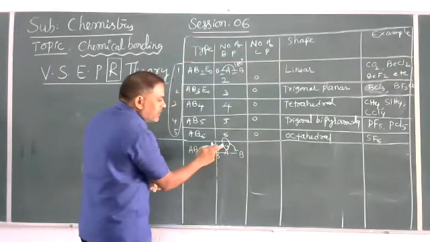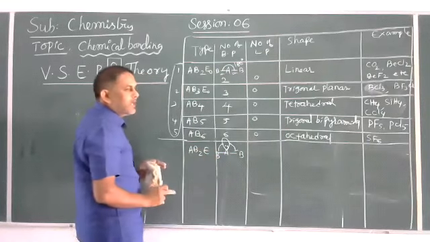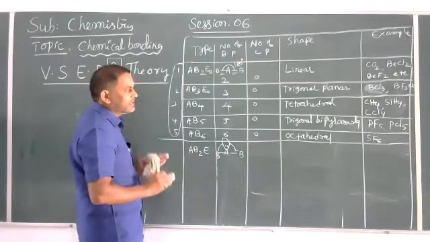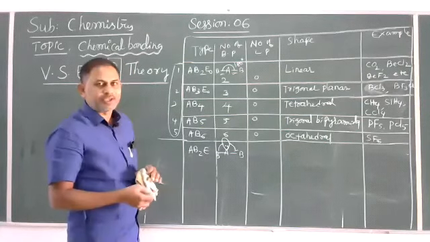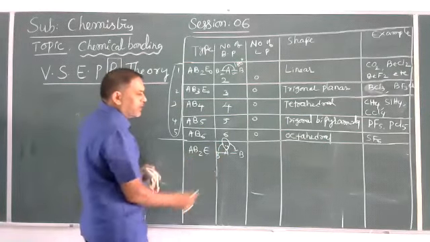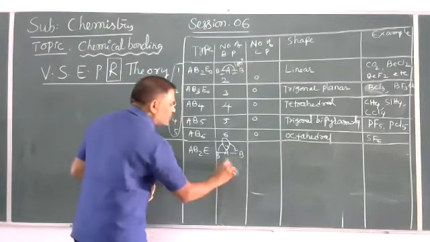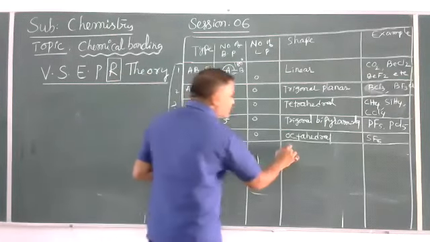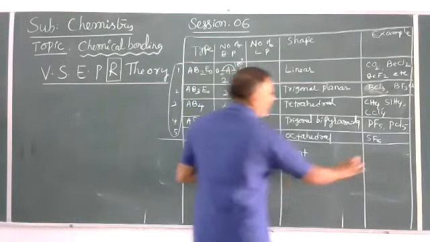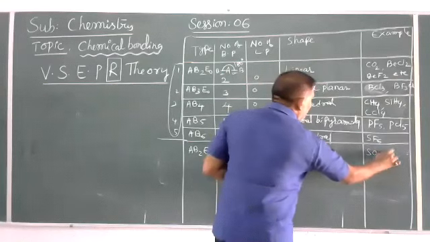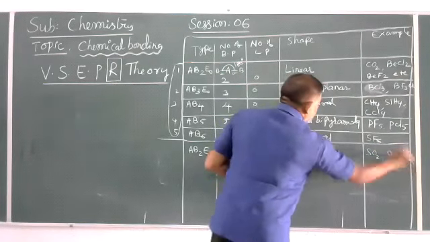So with increasing number of lone pairs, the bond angle decreases and the shape changes from regular to irregular. It contains 1 lone pair; bond pairs are 2, lone pair is 1. Its geometry is bent shape, like SO2 and O3.